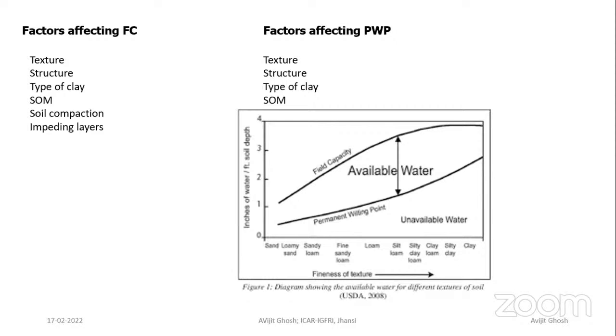You can see that the field capacity line is saturating here, because the clay surface area is limited, and as water occupies the surface area, the content cannot increase further. So in that way, the water availability is highest in loam to silty loam soil.